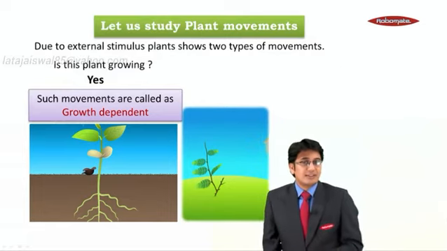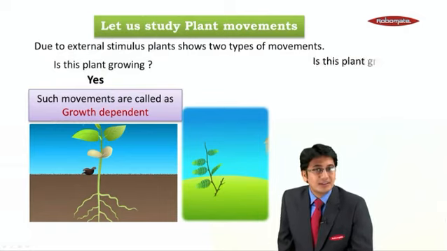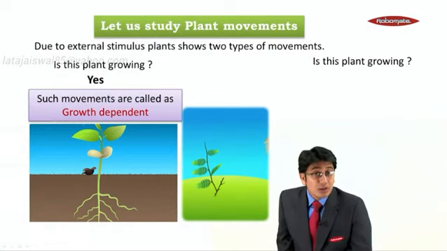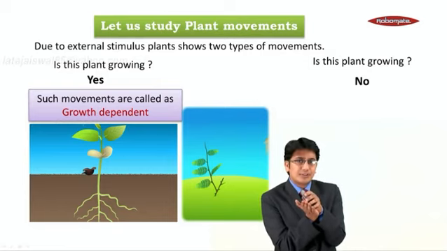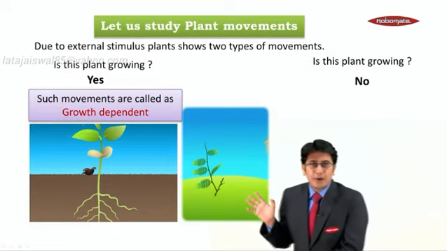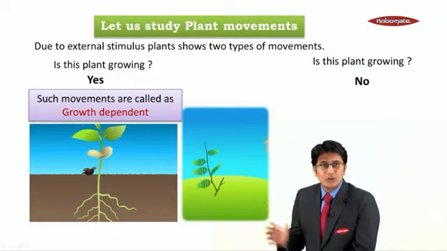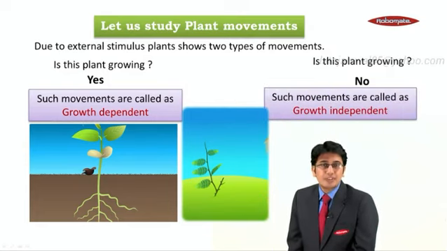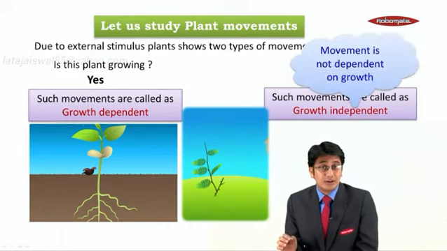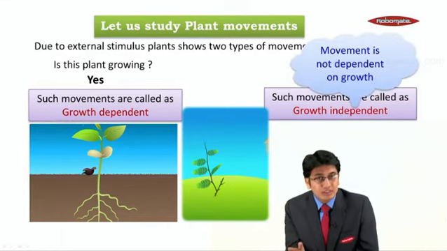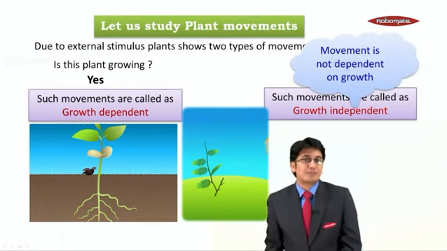The leaflets are closing. Is this plant growing? No. They're only closing the leaflets. None of the parts of this plant has grown. Such movements are called growth independent movements, where movement is not dependent on growth.